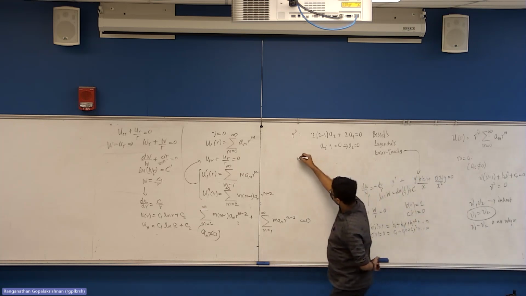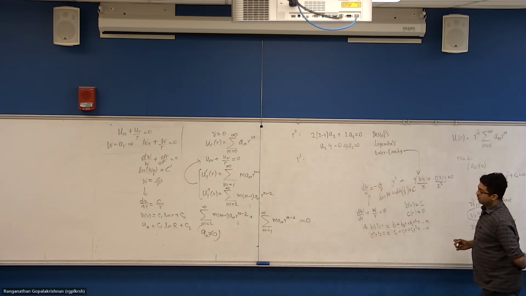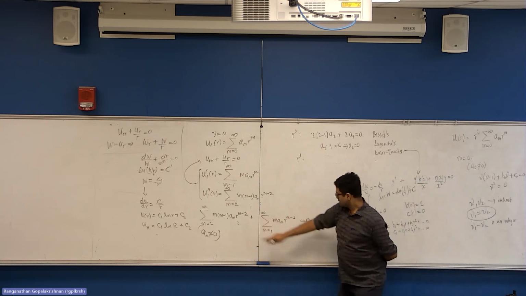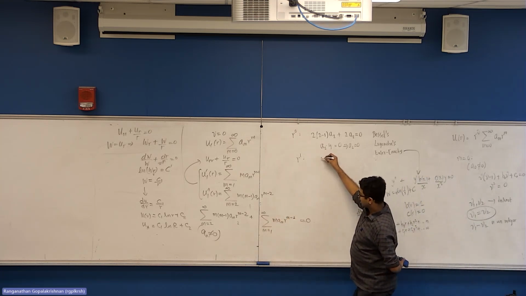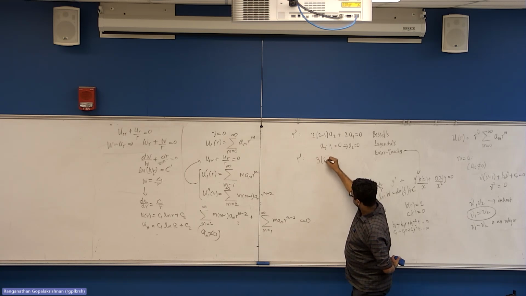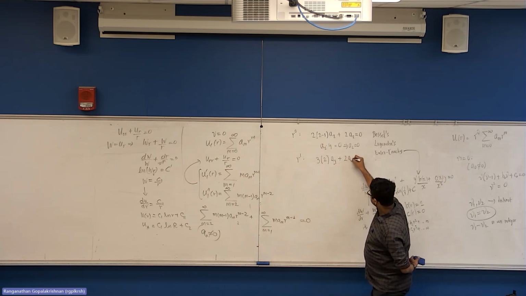What about r to the power 1? I have to set m equals 3 here, and m equals 2 here. So I'm going to get 3 times 2 times a_3 plus 2 times a_2 equal to 0.